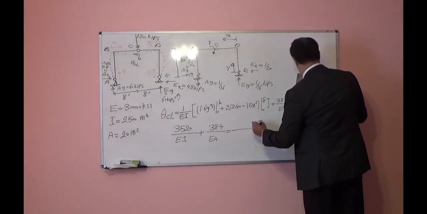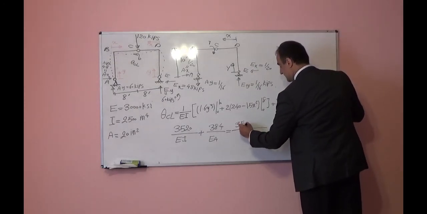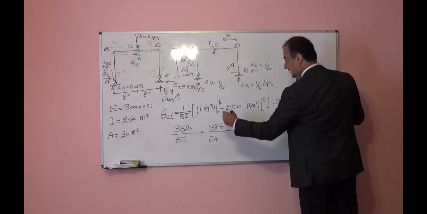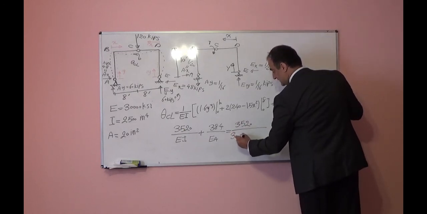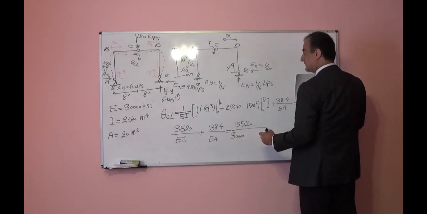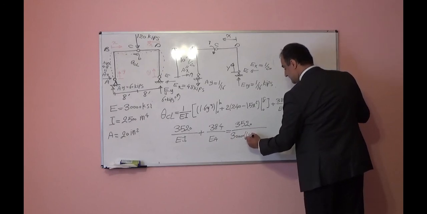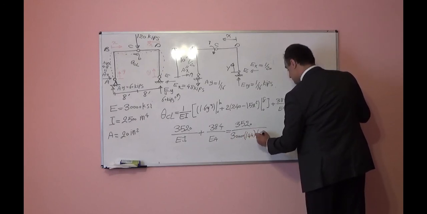This will be 3520, instead of E, 30,000 ksi. If I convert to the feet, 144 I, 2,500.